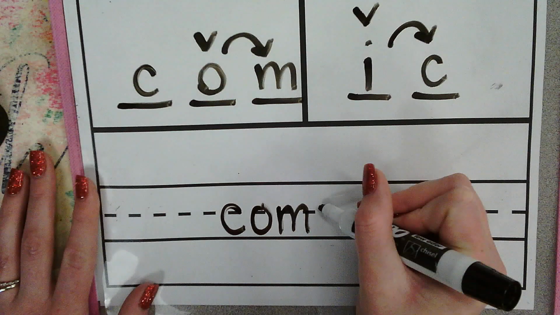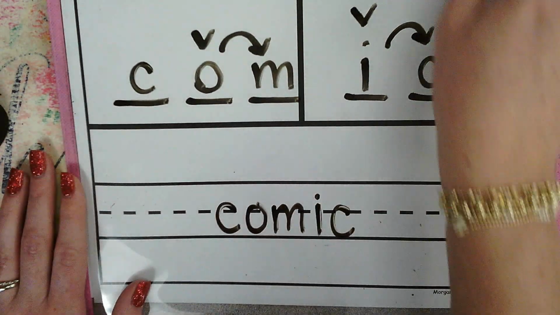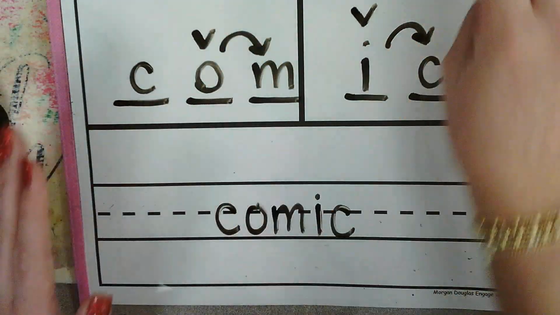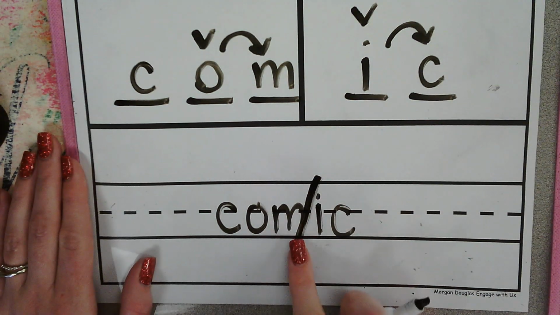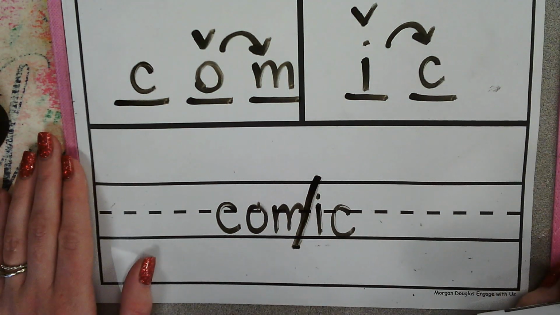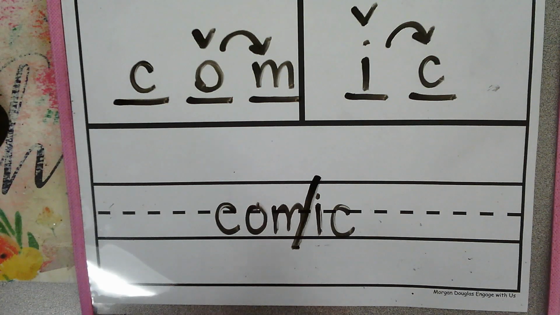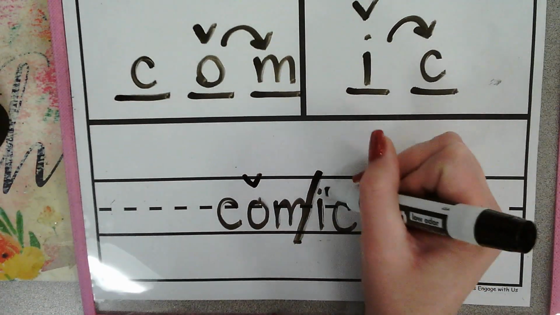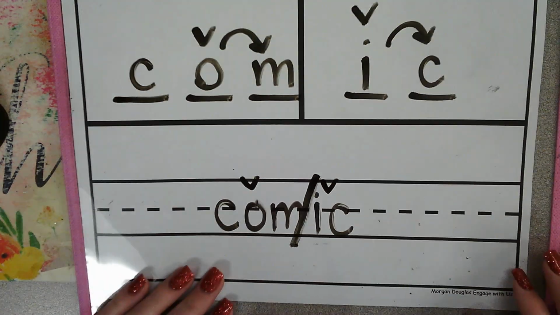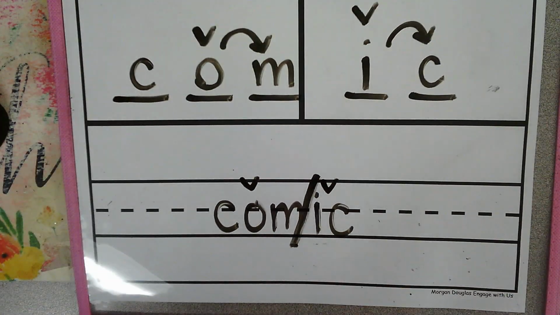Com, ick. And if I was to clap it again, comic, I hear it being broken apart after the M and before the I. And remember, we said if it is a 2-syllable word, it should have 2 vowels, and we already said that O is a vowel and I is a vowel. So this is another example of a closed syllable, multisyllabic word.